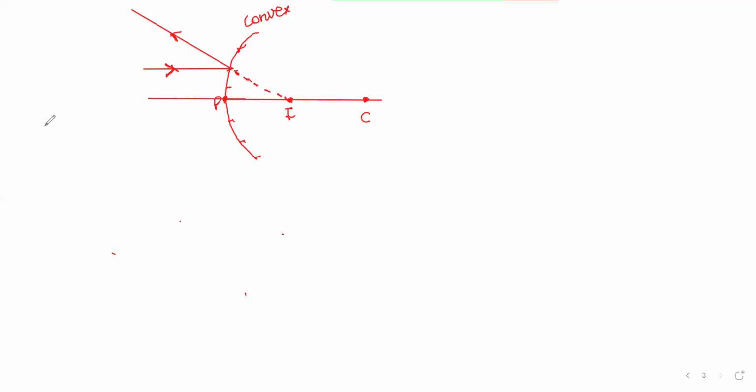So for convex, a ray that is parallel to the axis is also diverted, but the diverted ray always appears to be diverted from the principal focus. Let's draw two rays, just to explain this better.